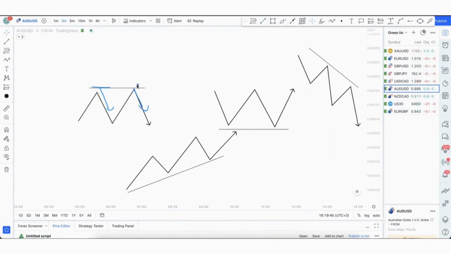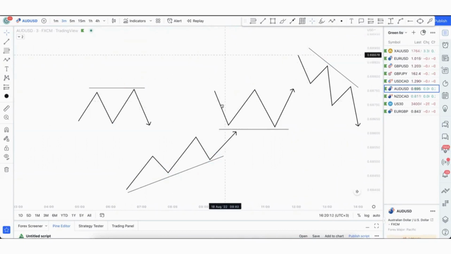Their stop losses are here. So the liquidity is formed above these prices, as well as on the other types of liquidity like this trend line. Liquidity is formed below or above this trend line.